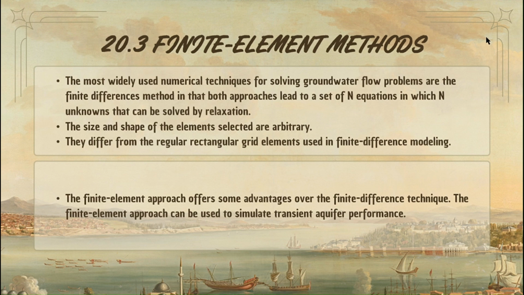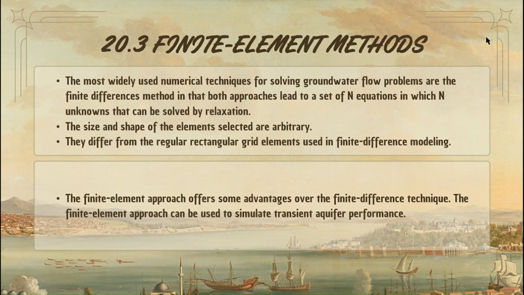In finite element methods, nodes serve as the corner points of irregular meshes in 2D and bricks or tetrahedrons in 3D. Element size and shapes are flexible and tailored to specific applications. Unlike the rigid grid elements in finite difference modeling, smaller elements are used near flow points like wells.